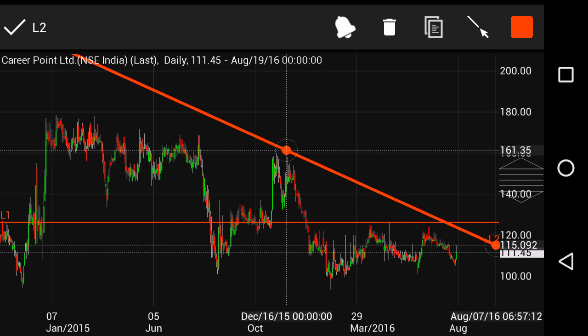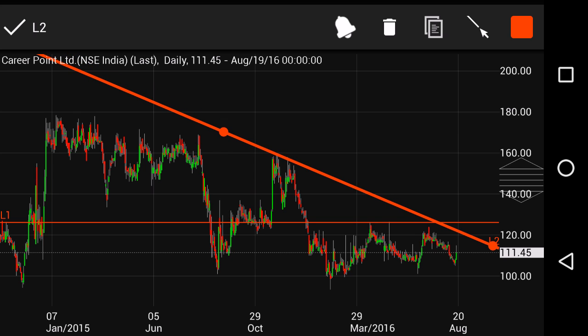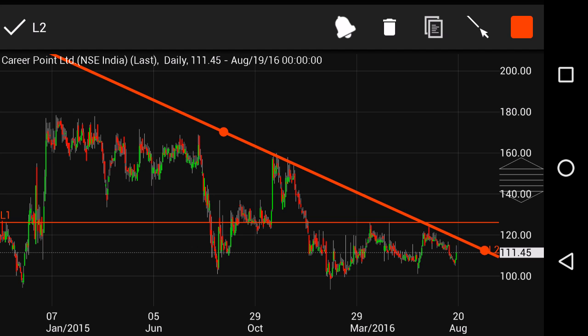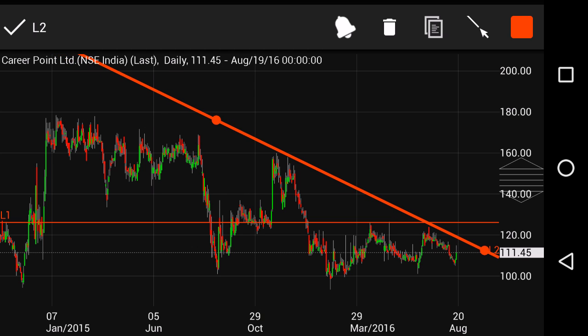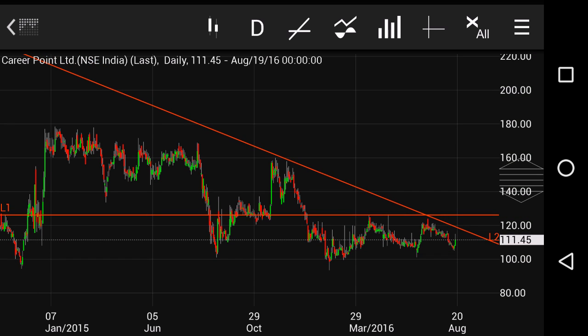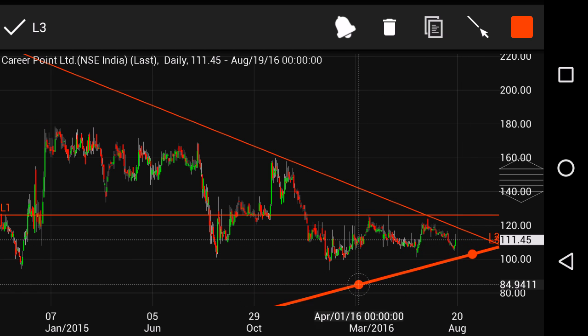If you keep tracking it, the sloping breakouts don't work as much as the flatter ones. Still, it will give you a fair idea where the trend is going to be on the stock.